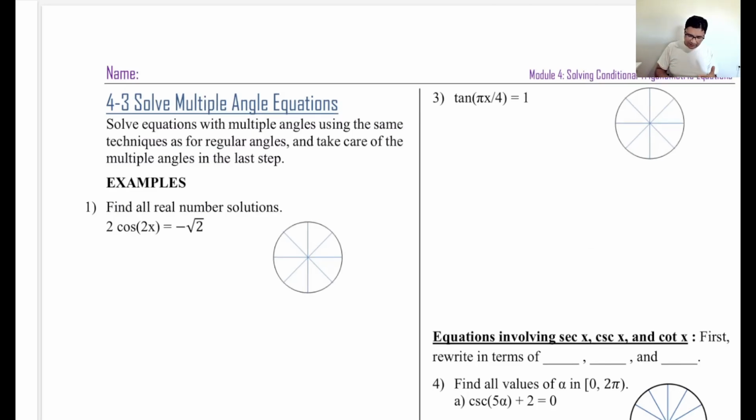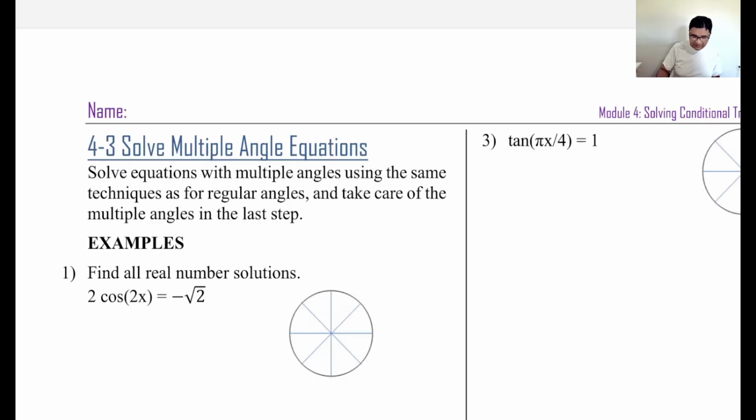The next thing, let me actually summarize here. This is the summary of the previous lesson, okay? And we will use it in solving multiple angle equations. One of the summaries from the previous lesson was, if sine x is equal to some known angle like sine theta, here x is a variable like the solution and theta is a particular value.